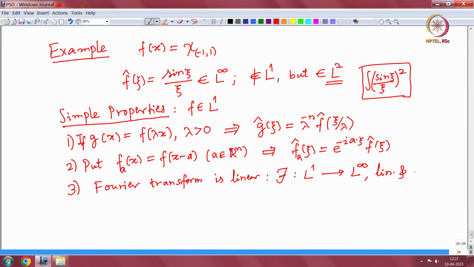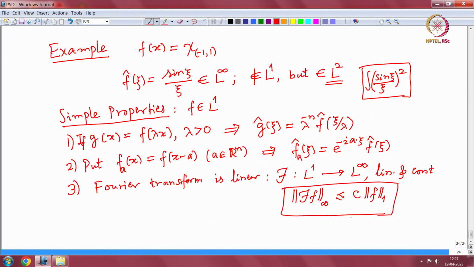That we have already seen, continuity: the L infinity norm of F of f is less than or equal to some constant times the L1 norm of f. In addition, this Fourier transform vanishes at infinity. One of the important things we need even later.